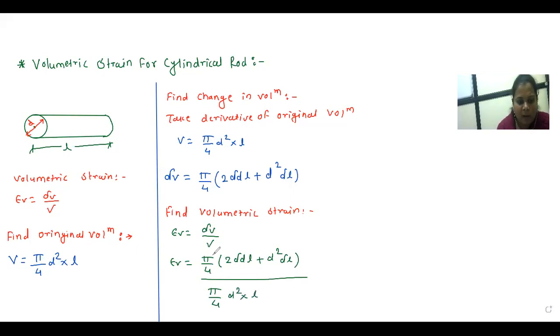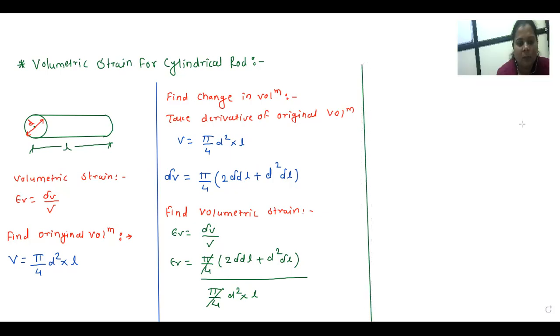Okay, so this pi by 4 and pi by 4 get cancelled. So what is remaining? D square into L in the denominator, and in the numerator 2 into del D into L plus d square into del L. Now we will separate this denominator.